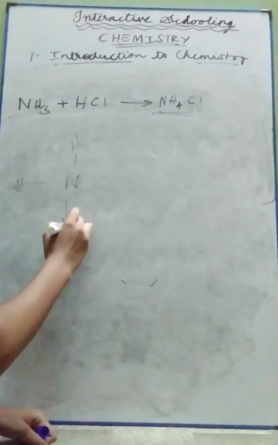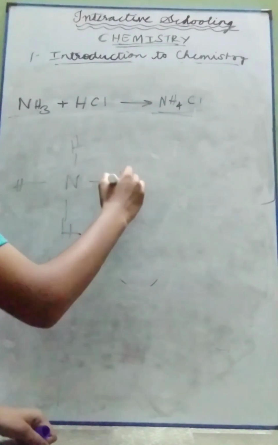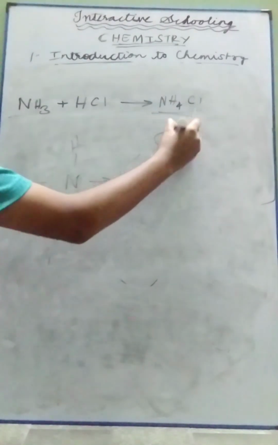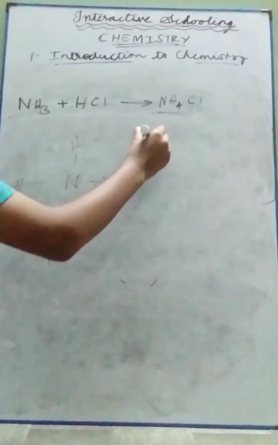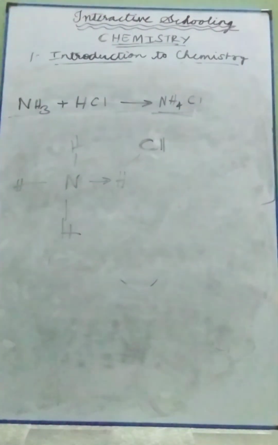This is NH3 up till here, and then another hydrogen is added by coordinate covalent bond and this gets attracted to Cl minus. So this is how a molecule of ammonium chloride, NH4Cl, is represented, and this is how a coordinate bond works.